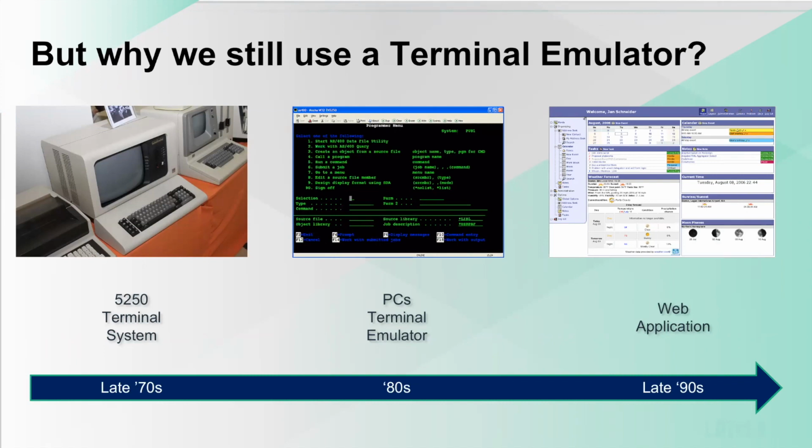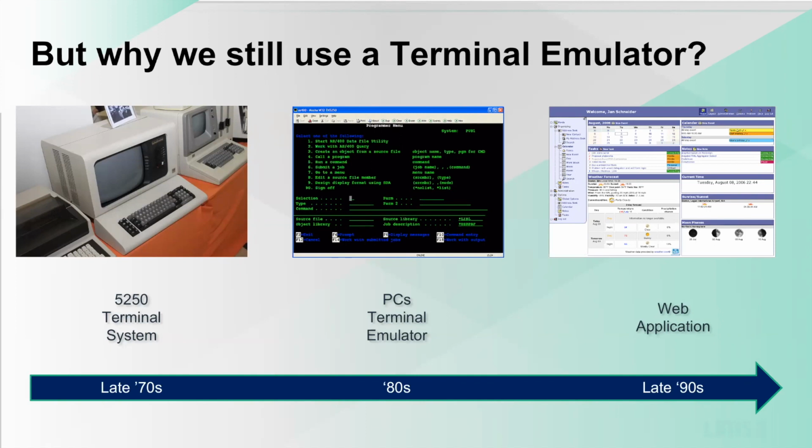What these terminals really gave us is the opportunity to enter data and get results back in real time. But then the PC revolution came around and people wanted to use those very powerful machines on their desktops to take advantage of the capabilities of their mainframe systems and to use the data in a personalized way.